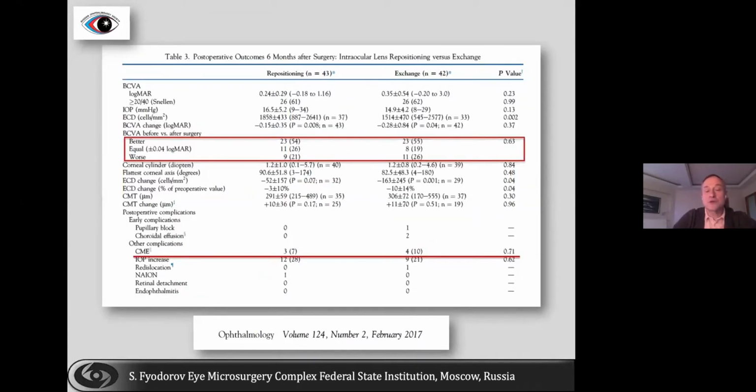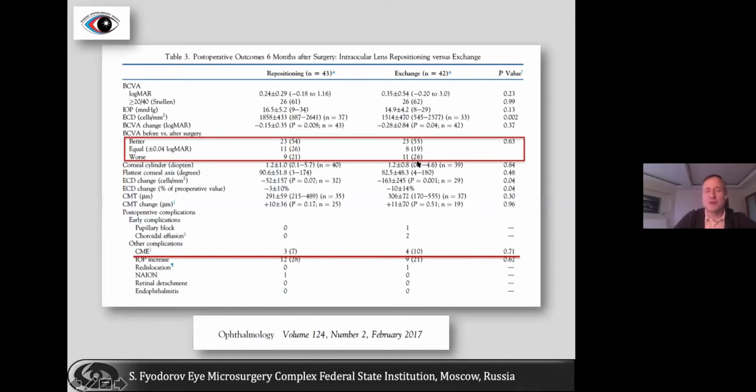What is also important is that in a substantial amount of cases, 21% in the repositioning group and 26% in the exchange group, the vision was not better postoperatively than preoperatively.